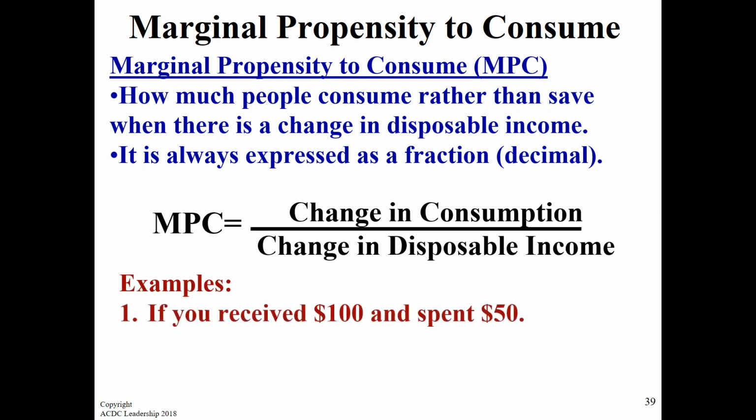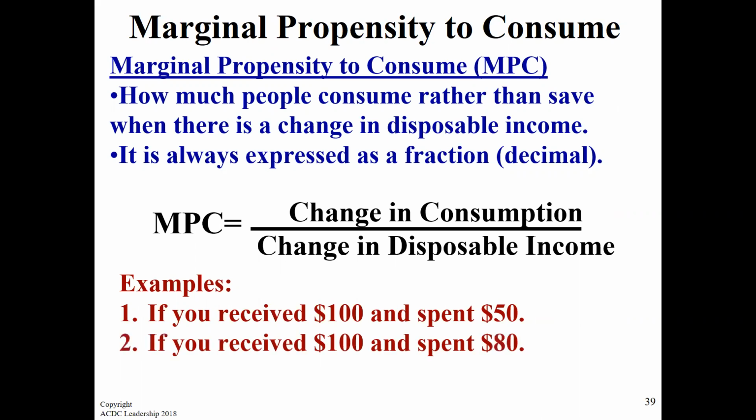All right. So Max, if you received 100 and spent 50, what would your marginal propensity to consume be? And if you're not good with fractions, just give me what over what. 50 over 100, so 0.5. Andrew, if you received 100 and you spent 80, 0.8.